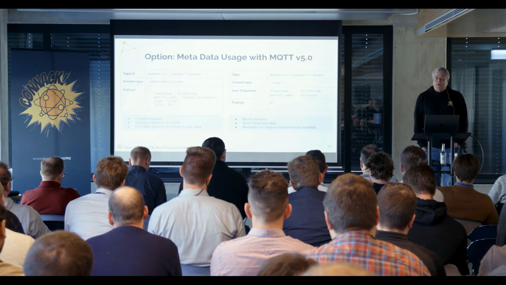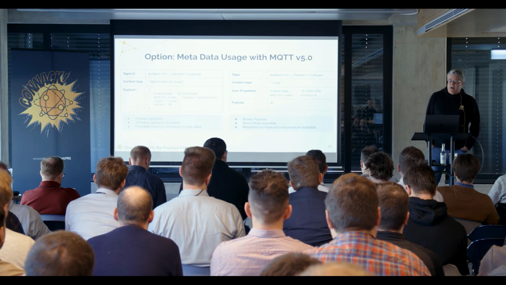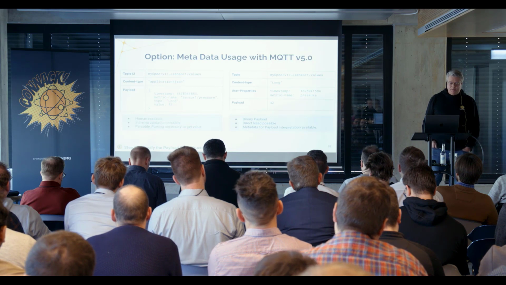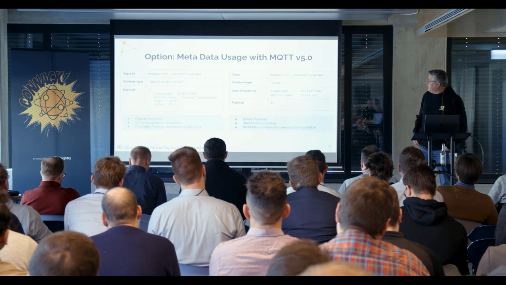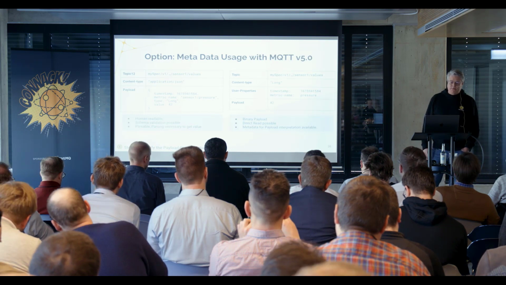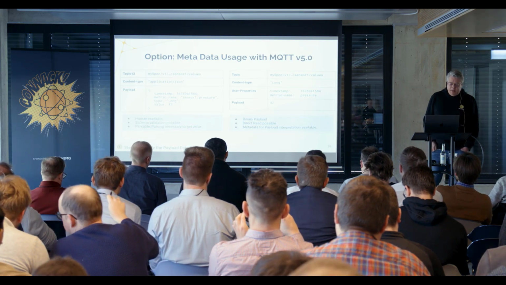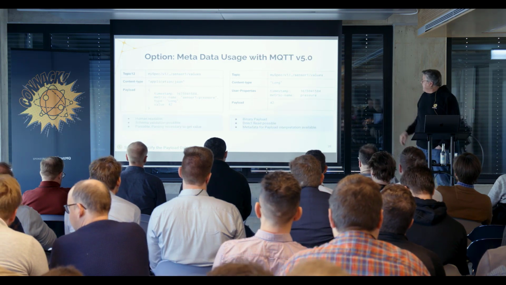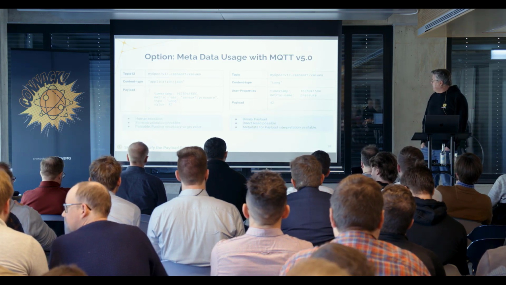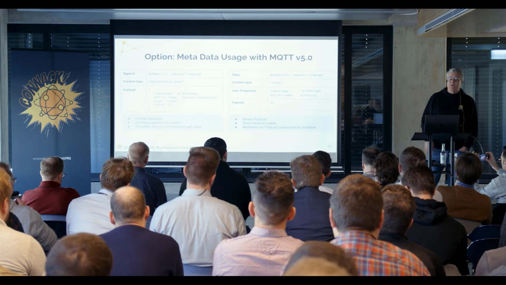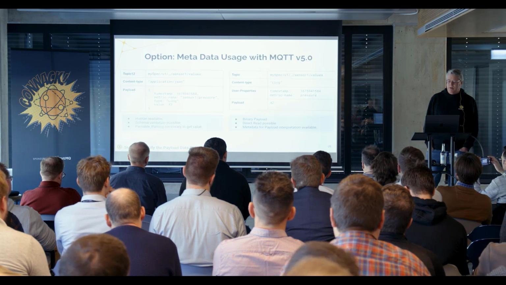If you can afford to go for MQTT 5, it may also be interesting to make use of the content type. So in this first example, the content type is application JSON, so it's defined like a MIME type. And the other example is that the payload is binary, and the content type is just the data type of the content that you are receiving in the payload.